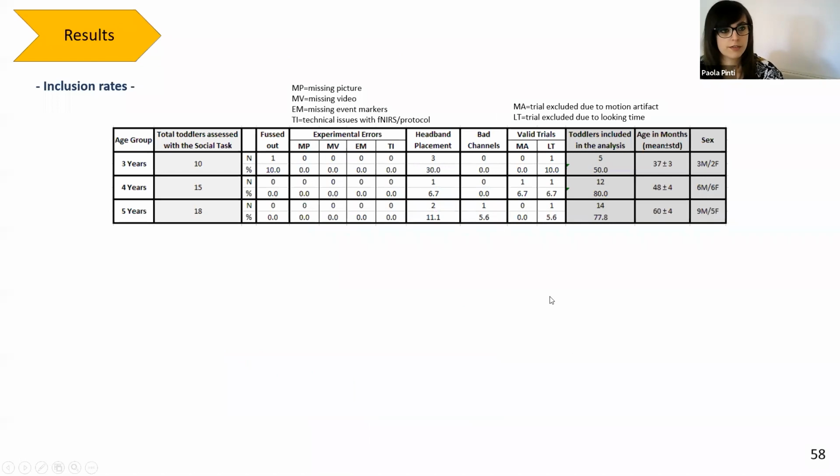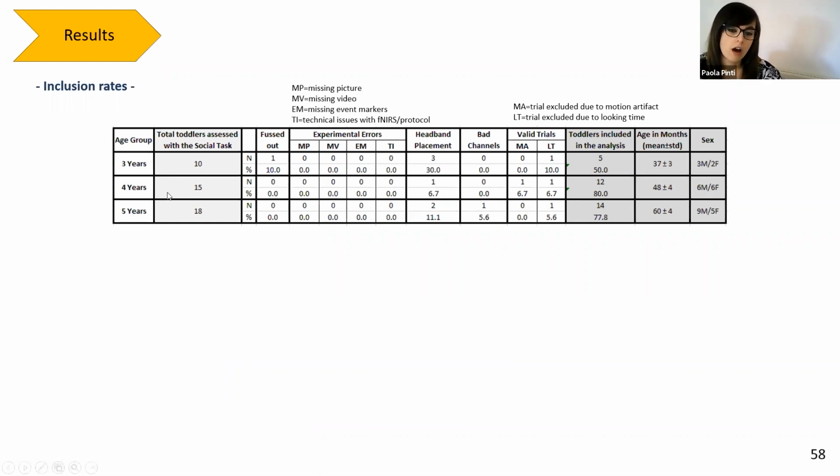All right, so in terms of the results, as I said, we cannot run any group level analysis yet, but I just wanted to show you a little bit our inclusion rates, so how well the system performed, how many participants we had to exclude due to different criteria.